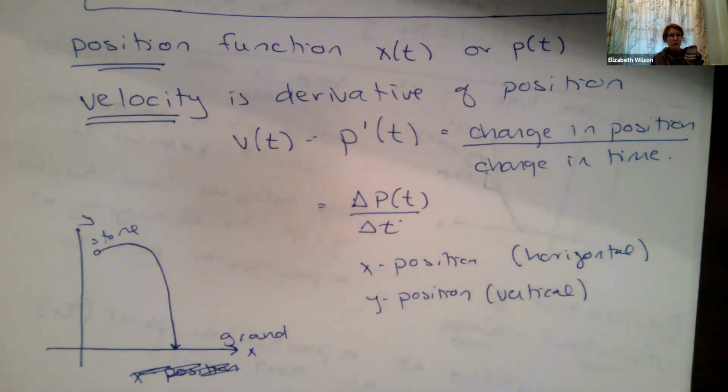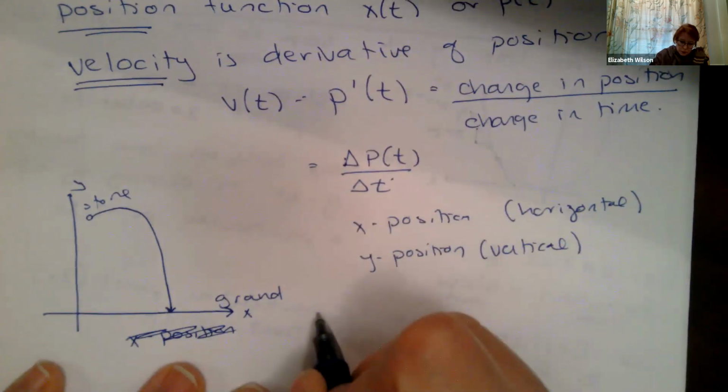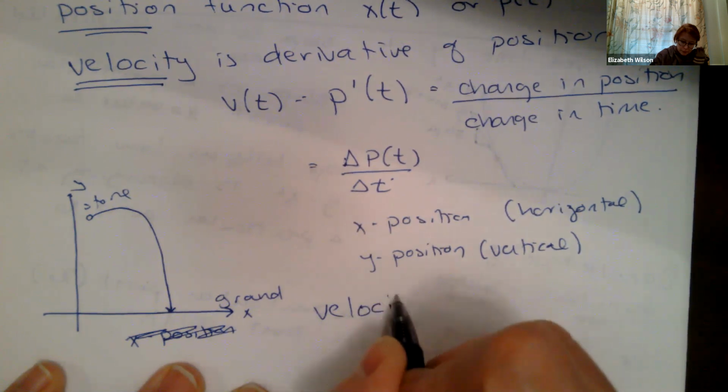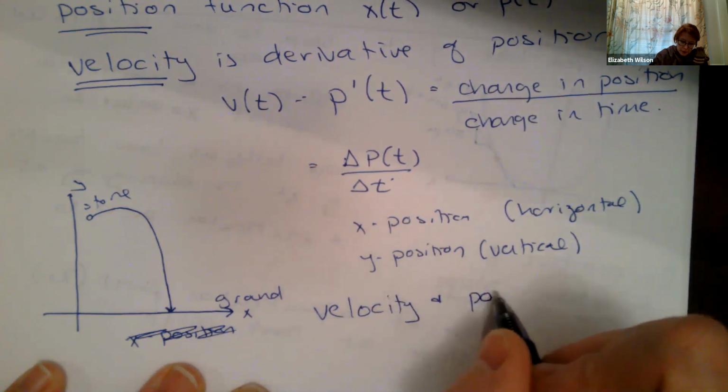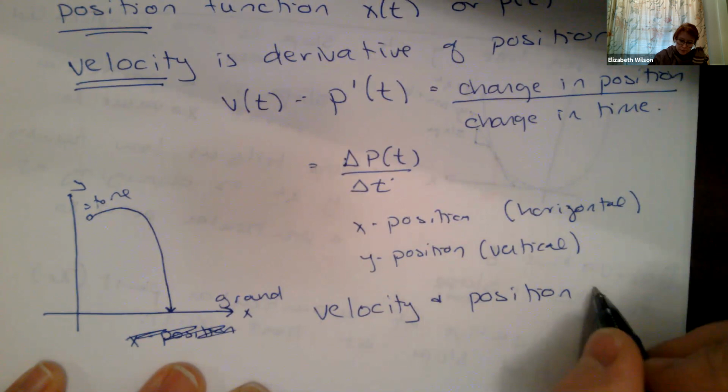So we often break our velocity up into vertical and horizontal components. When we think about our vertical velocity, we think about it as being affected by gravity. When I go horizontal, I'm not thinking about things being affected by gravity, but my vertical velocity is going to be affected by gravity. So let me write out velocity and position, and also acceleration.